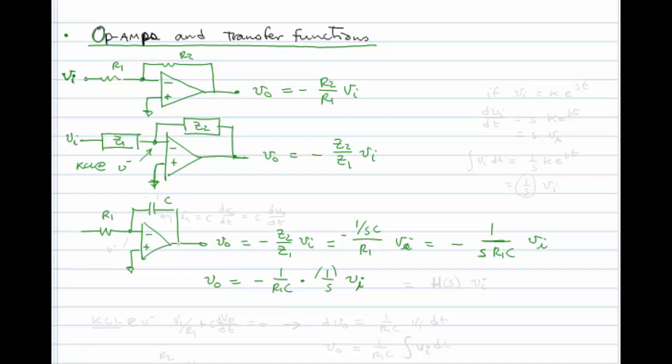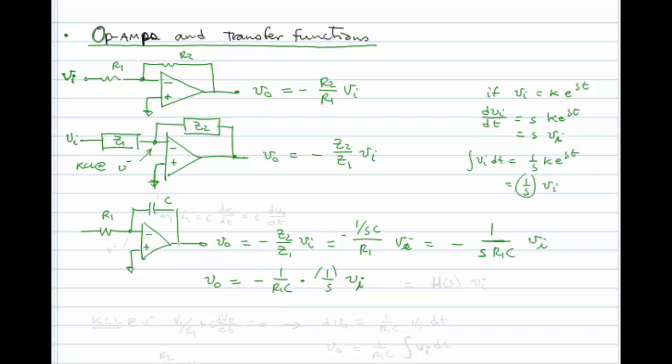Right? If you recall, if VI is of the form, say some constant k e to the st, then the derivative of VI is going to be S times k e to the st, or S times VI, right? And the integral of VI is going to be 1 over S k times e to the st, in other words, 1 over S times VI.